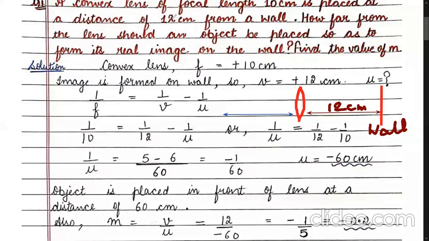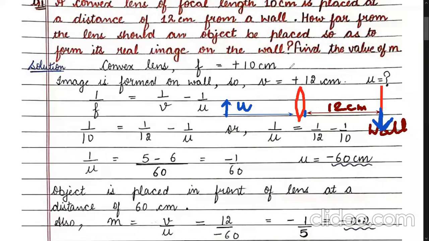So the distance between the lens and the object will be taken as u, and the distance between the lens and the wall will be taken as v, because the image is formed on the wall. It is real, and if it is real, it is an inverted image.